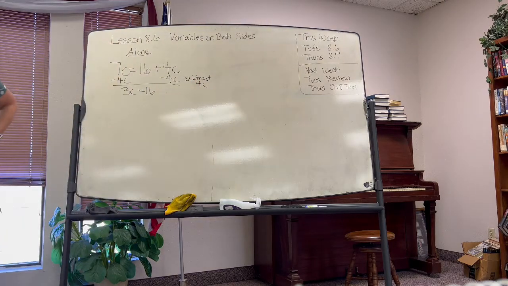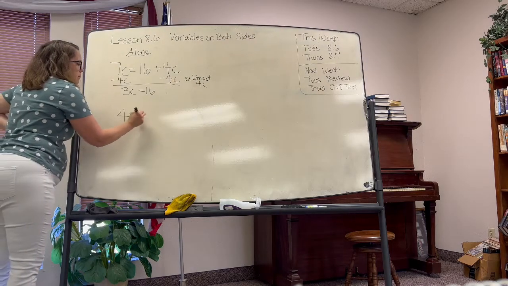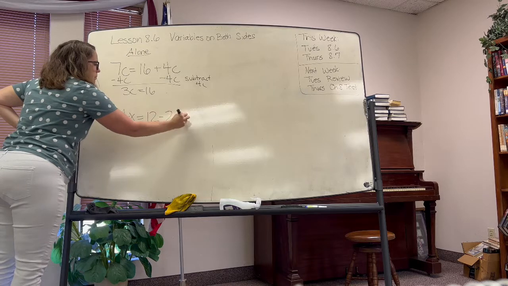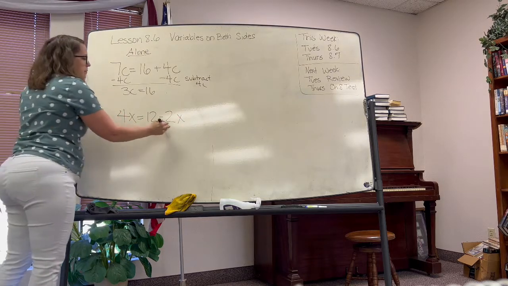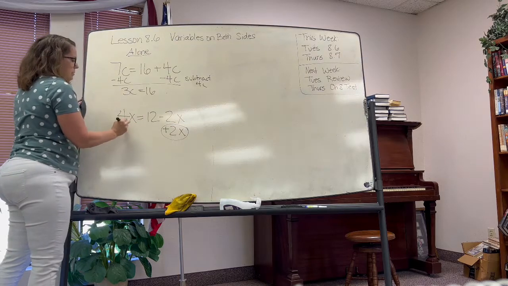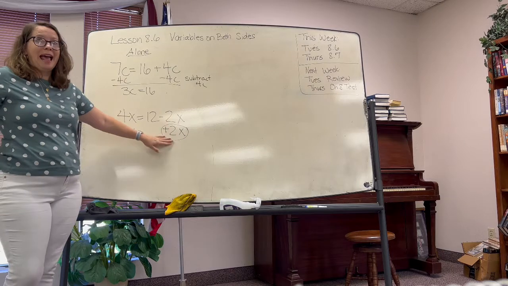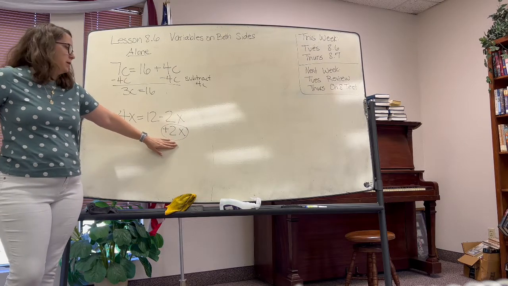Okay, so number 2, what would you do to get the x's by themselves? Plus 2. Right, well, not just plus 2. Plus 2x. So that's what I'm gonna do on both sides, plus 2x. So if we were writing this down, you would write add 2x or plus 2x.